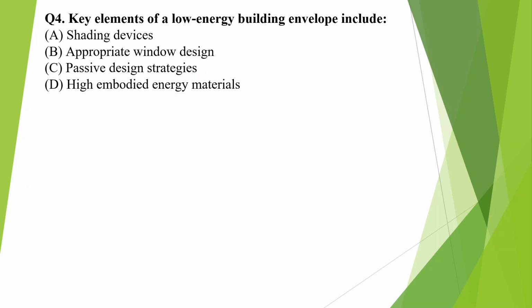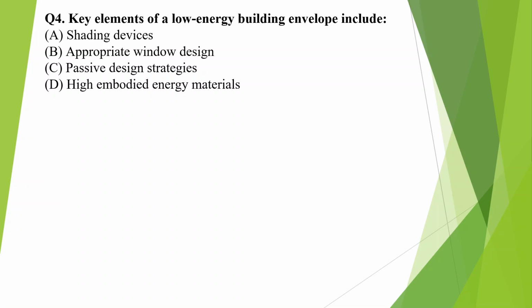The key elements of a low energy building envelope include. So this is an MSQ type of question, where you have to make multiple selections. Before you give your answers, I would like to tell you that here multiple answers can be correct, so you have to opt for all the answers that you think can be correct.